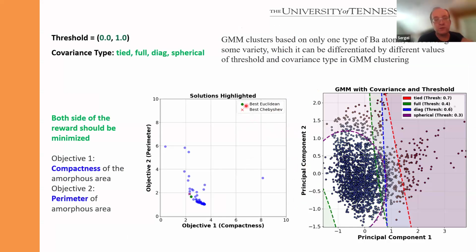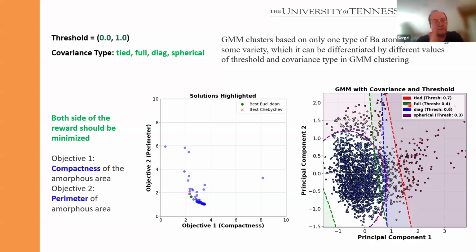So what we need to do is to define our analysis workflow as an optimization problem. And in this case, the optimization parameter space is the size of the window where we build descriptors. There are a few other elements of the workflow, but ultimately, this is the parameters of the Gaussian mixture model. So in this case, we have a threshold.